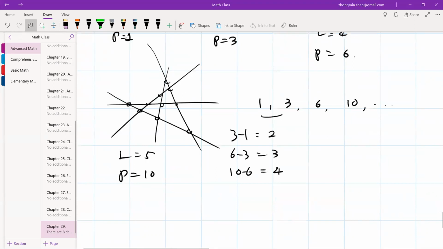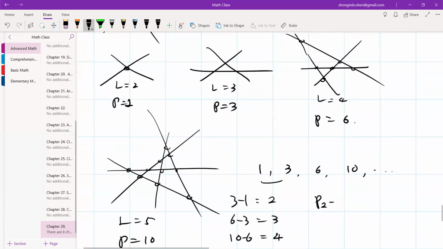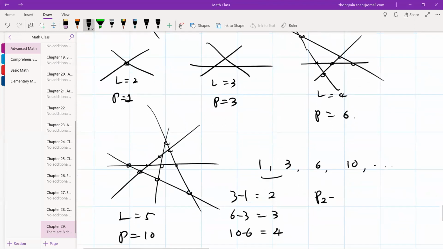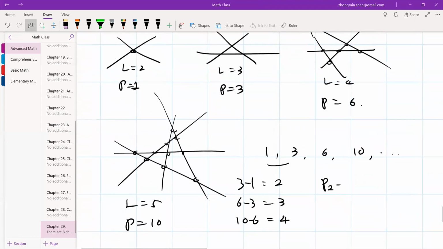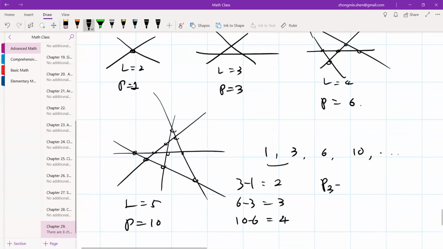Okay, so more generally, I'm going to use P. Actually it's P3, the 3 means P corresponding to 3 lines.